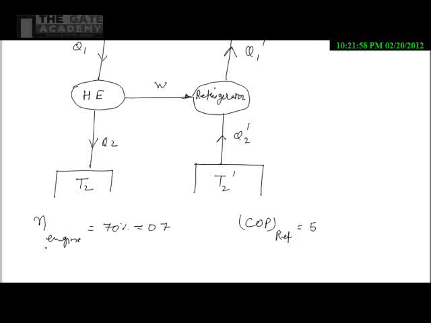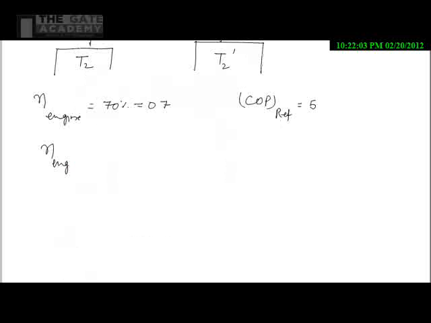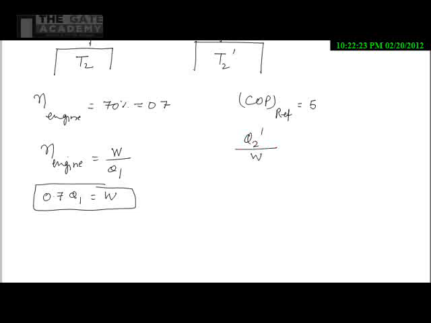Now from the diagram I can write efficiency of engine equals W by Q1, so 0.7 Q1 equals W. Similarly, for COP, I can write Q2 dash divided by W equals 5. So Q2 dash divided by 0.7 Q1 equals 5.